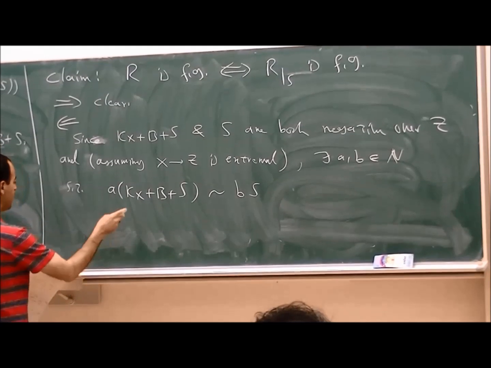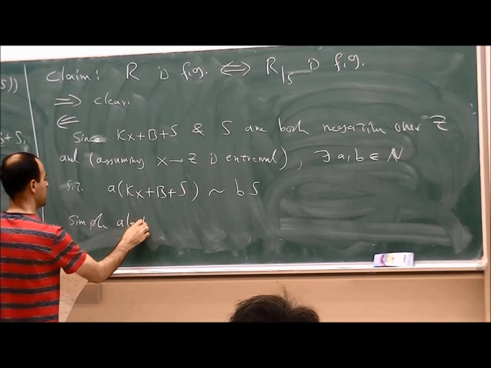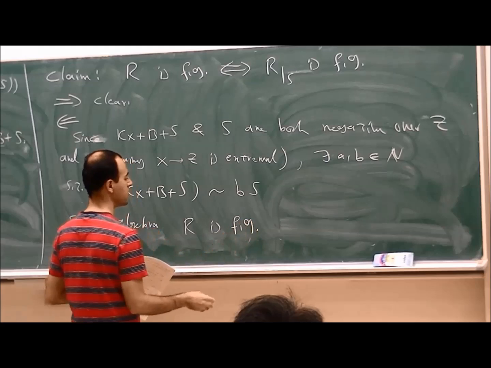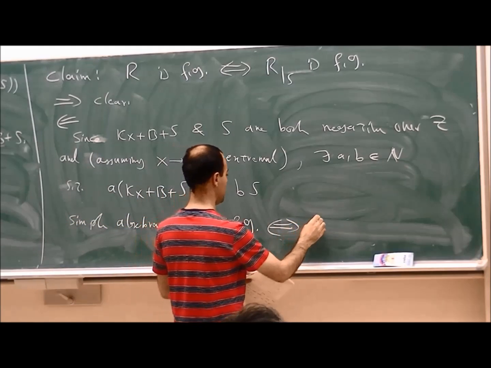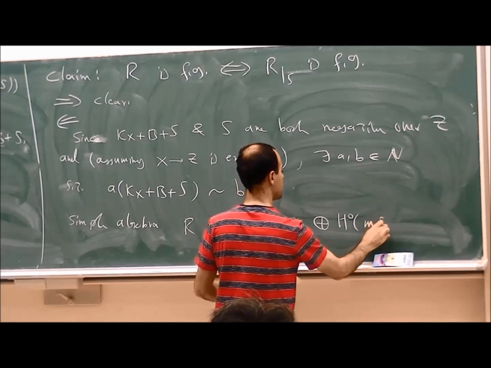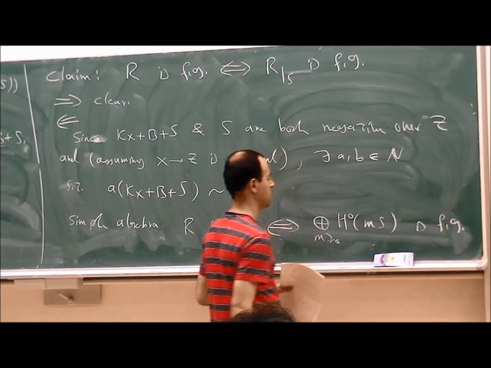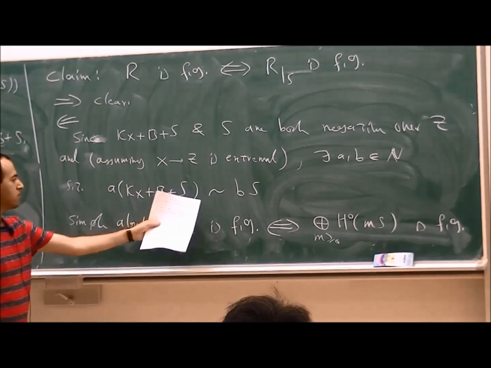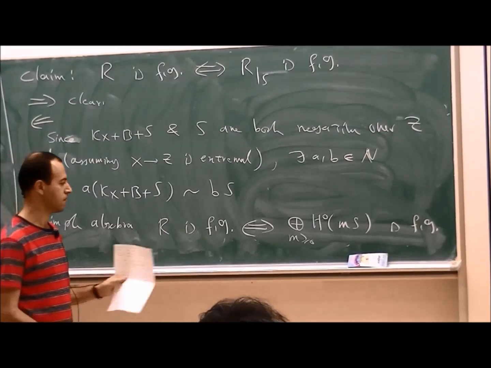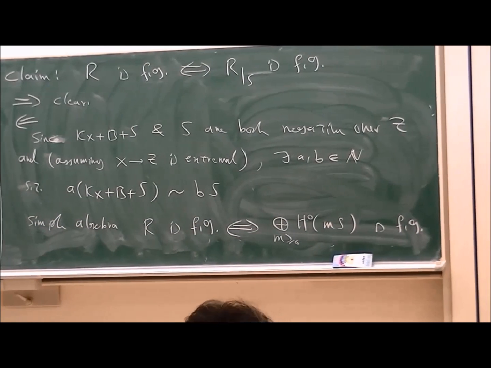Now some simple algebra tells you that R is finitely generated if and only if the ring of S is finitely generated. So when two divisors have this kind of proportional relation, finite generation is the same for both of them. As I said, it has just simple algebraic reasons.